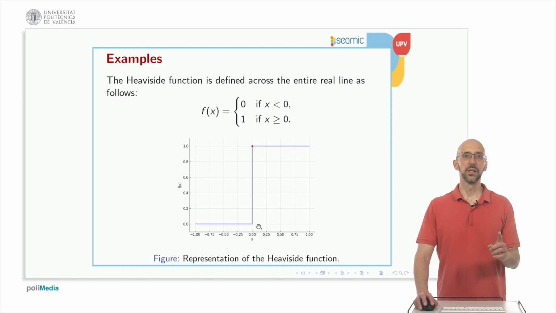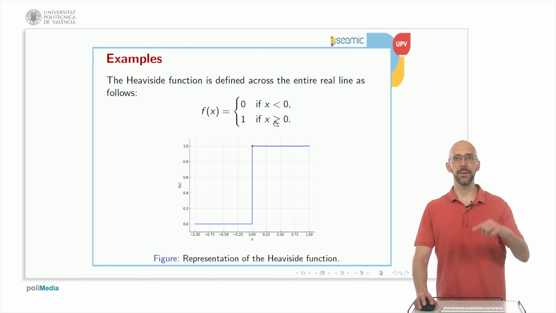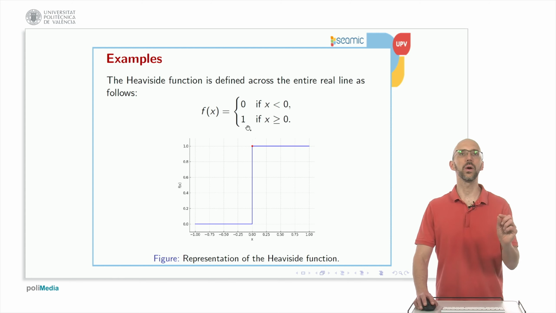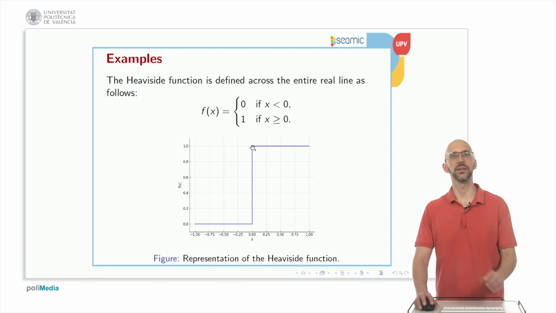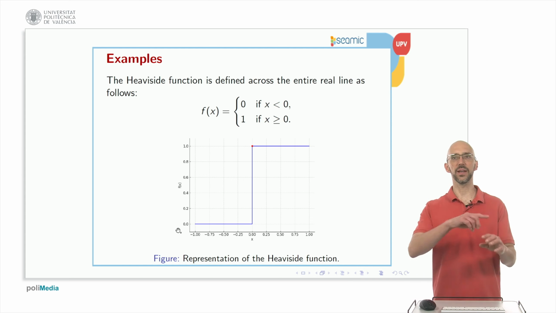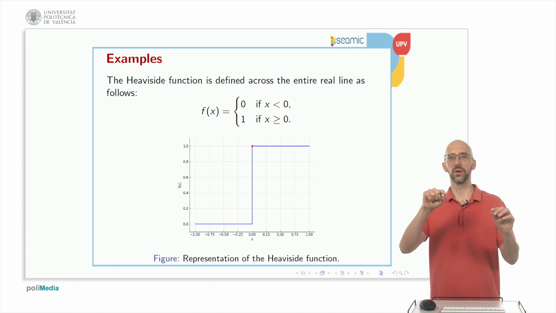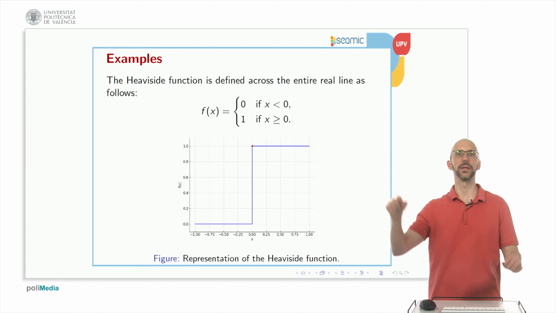But at 0, you have a jump, a gap, so the function equals 1 from 0 till infinity. So it's like a stair. We take the value 0, 0, 0 until we reach 0 and then jump to 1 and keep going.